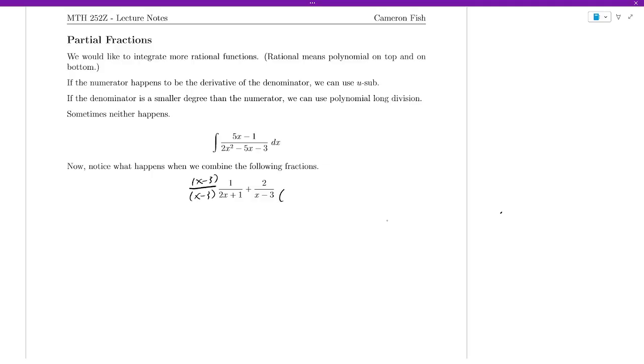Same thing is going to happen on the right. I need to multiply this one by 2x plus 1 so that it matches denominators with the one on the left. Now we can add these up. They're going to be a single fraction with the same denominator, but the numerator is going to be the combined version. For the first part, I have 1 times x minus 3, and then plus 2 times 2x plus 1.